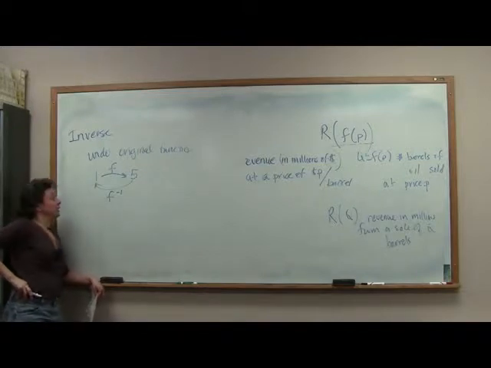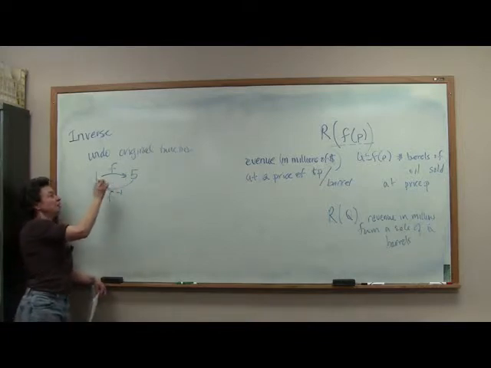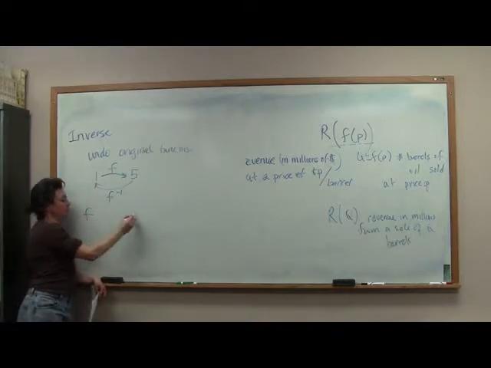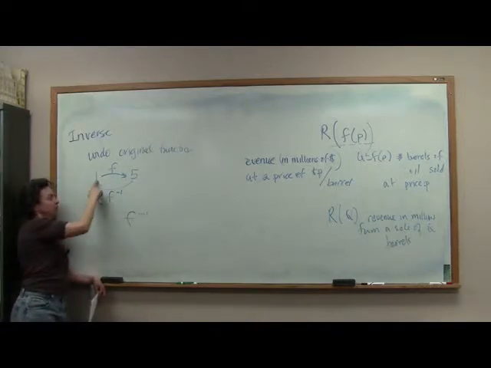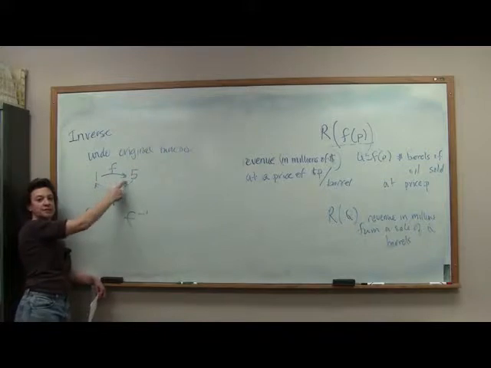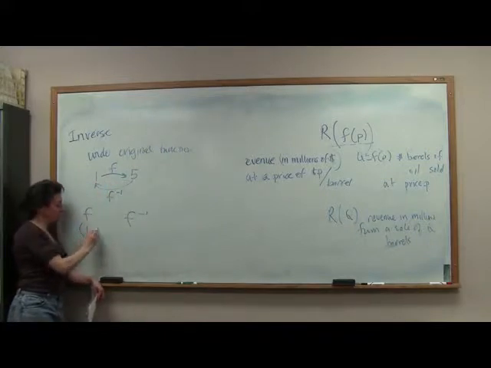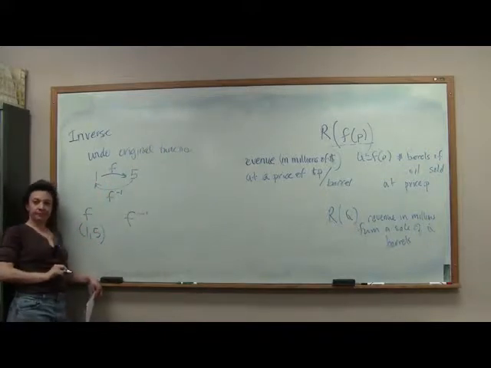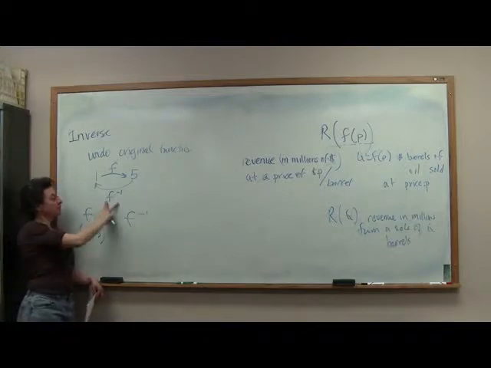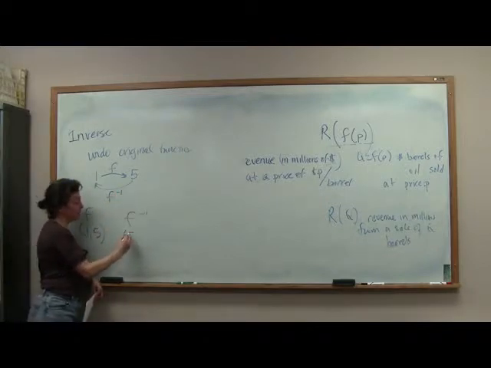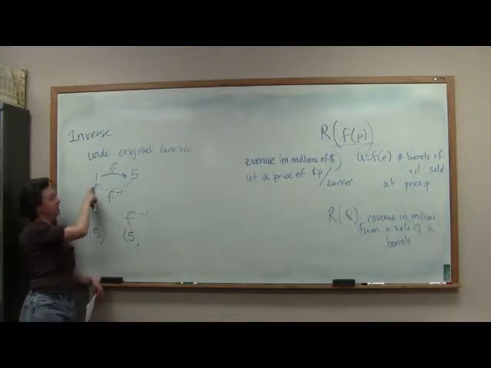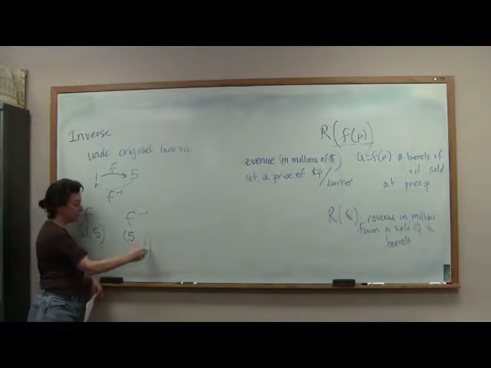Okay? Now, a couple things to point out. If I look at these as ordered pairs, do you agree that my function f is taking the input of 1 to the output of 5? We could write that as an ordered pair. What is my inverse function doing? Well, now my input is 5, and it's taking it back to 1.